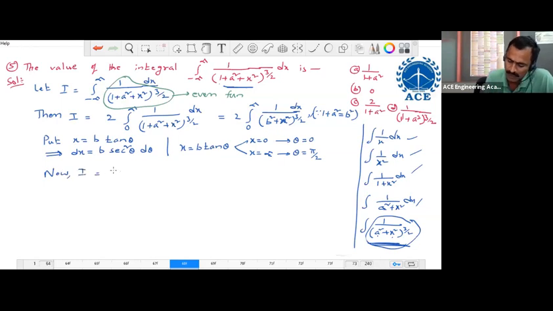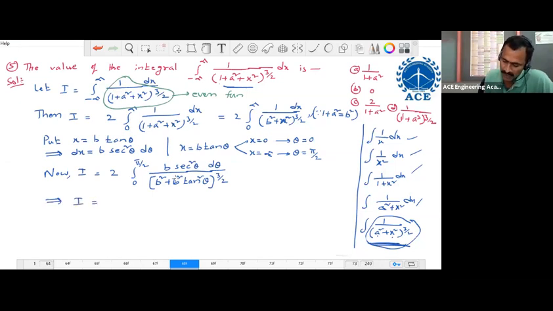Now I equal to 2 times the integral from 0 to pi by 2 of 1 by (b square plus b square tan square theta) power 3 by 2, and in place of dx, write b secant square theta d theta. We simplify this: I equals 2. From the numerator, b is constant, so it goes outside.